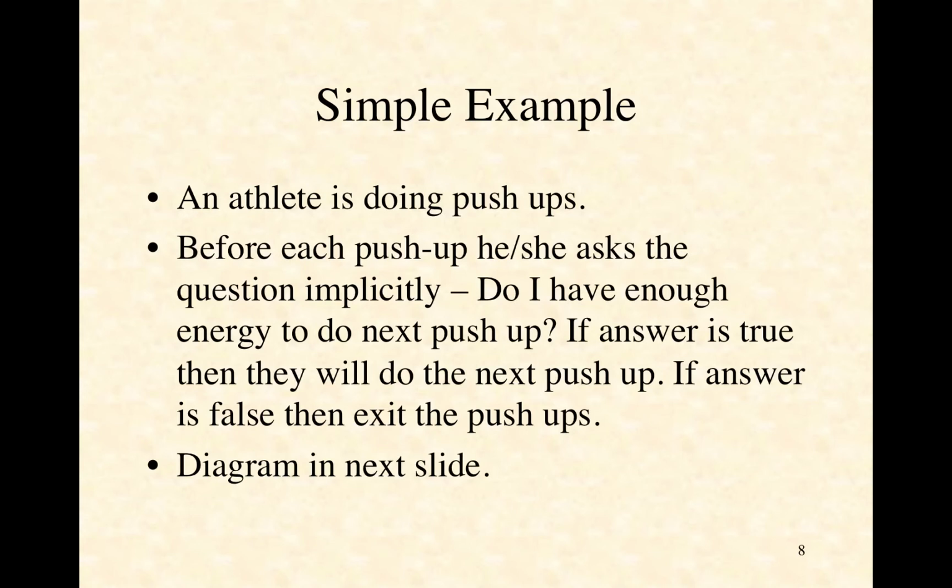Okay, we'll look at the athlete push-up example in more detail. Suppose an athlete is doing push-ups. Before each push-up, he or she asks a question implicitly: do I have energy to do the next push-up? If the answer is true, then they will do the next push-up. If the answer is false, then they will exit the push-up loop.